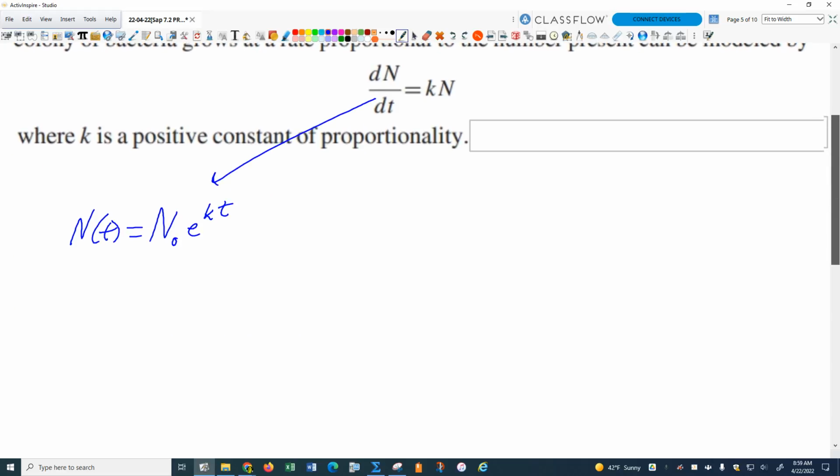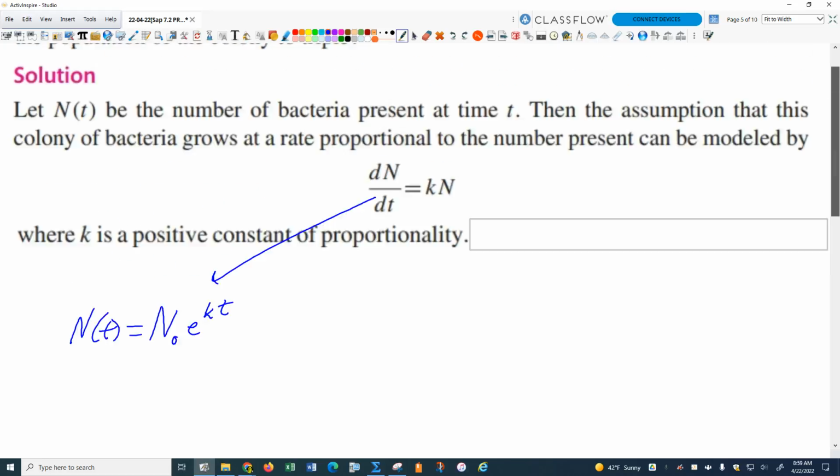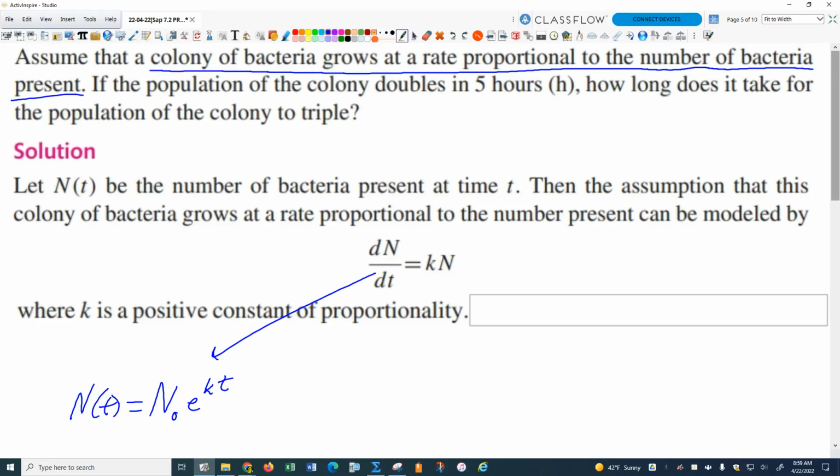But the other constant we do need to know. We need to know the growth constant k, and so we need some boundary value or initial value, whatever you want to call it, a particular value, to solve for that, and they give that to us. Here it is, right here. The population of the colony doubles in 5 hours.